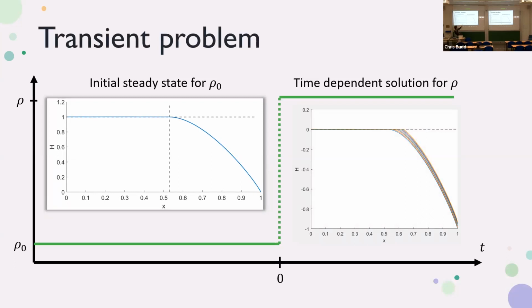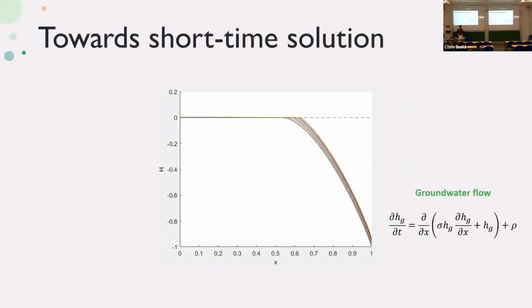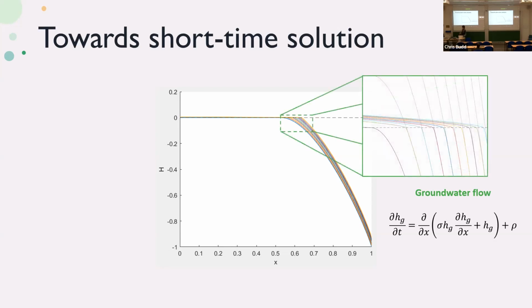This is the idea that we start from the steady state and we develop a time-dependent solution for the rainfall. What we can learn when we look at the numerics is that the groundwater, which is represented by these colorful lines for different moments in time, will be slowly rising during an intensive rainfall.